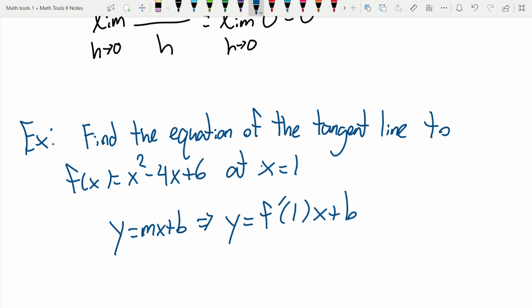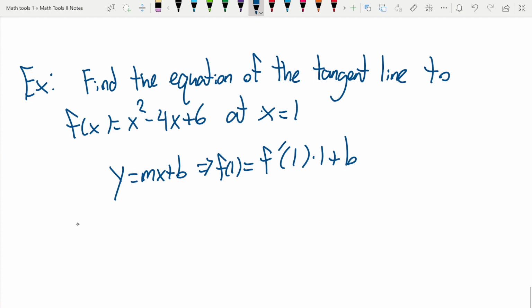Right, because the slope of the tangent line and the derivative at that point are the same thing. And then we can easily find x and y. We already know x is, or we can find the f of x point when x equals 1, right? Namely, we can put in 1 for x, and we can put in f of 1 for y. Okay, and then we get this function right here.